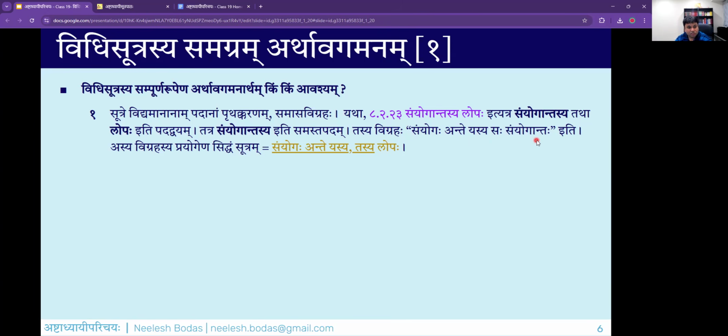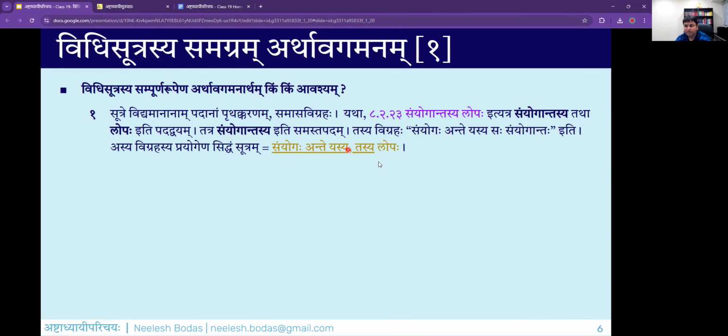Now once you have this vigraha, you take this vigraha and you put it back in the original sutram. So instead of the word sanyogantasya, you now put this vigraha vakya with the appropriate vibhaktis adjusted. So you will get sanyogaha ante yasya. So that will be now your sanyogaha ante yasya lopaha.